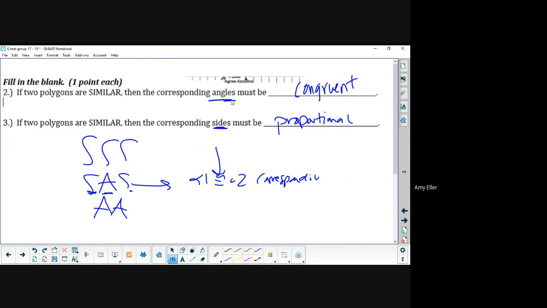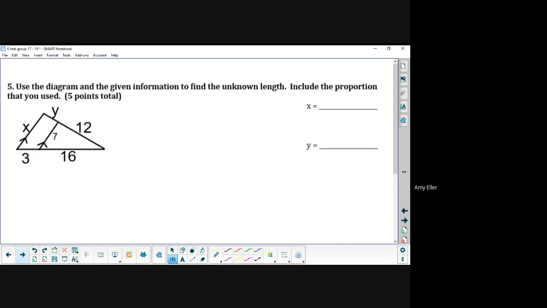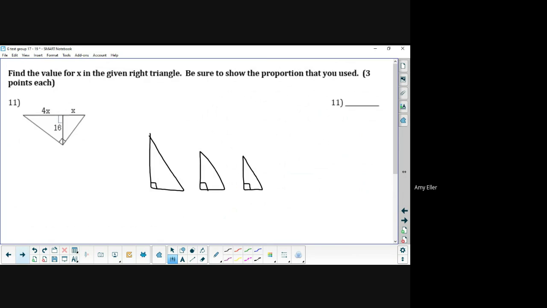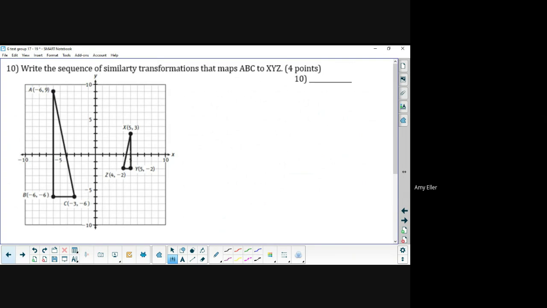When we talk about sides, we do the sides are proportional, which you did on a different question on the quiz, but you forgot what this is asking. If figures are similar, for example, here's a good one. I have two similar figures. Their angles are exactly the same, congruent.